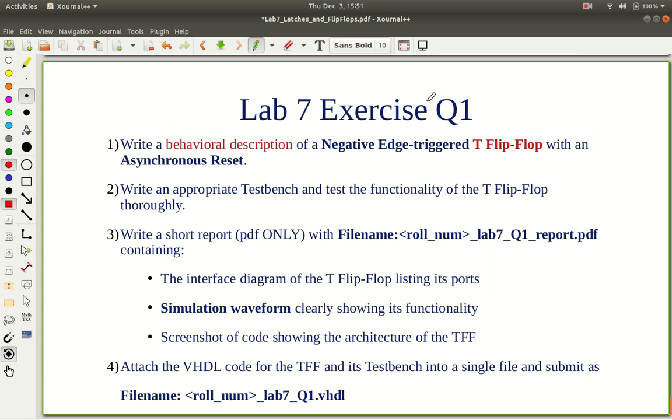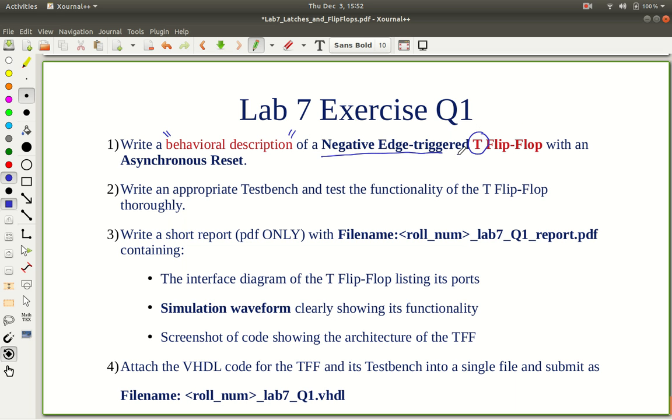So coming to the exercise of this lab. In this lab, you are asked to write a behavioral description, that means not a structural description. You have to describe the behavior using a process block, just like how we described the D flip-flop. But you have to describe a negative edge triggered T flip-flop.